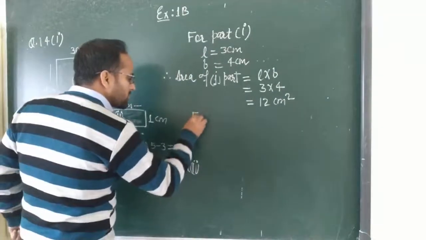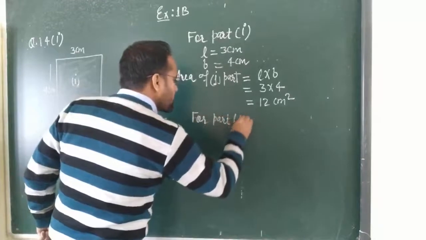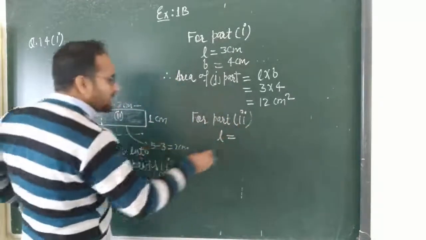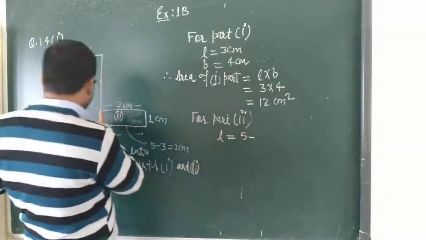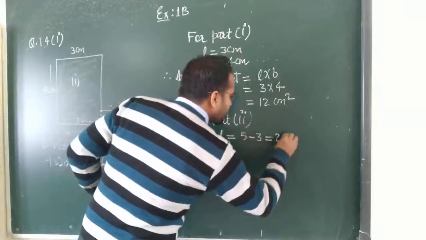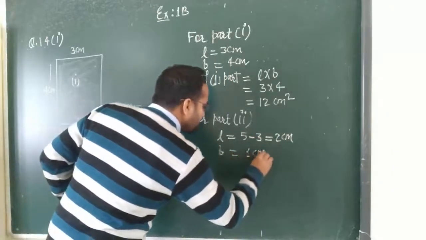Now the calculation for part 2. For the length, we found the total length 5 minus the length of the first part, 3. If you subtract, you will get 2 centimeters, and the breadth is 1 centimeter.